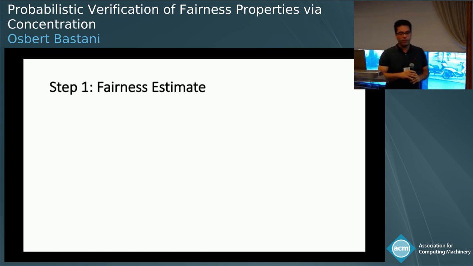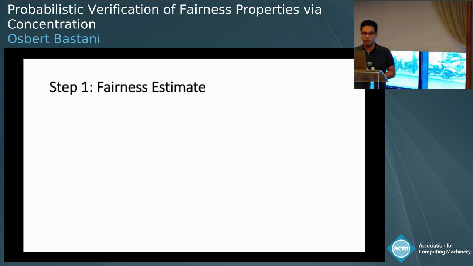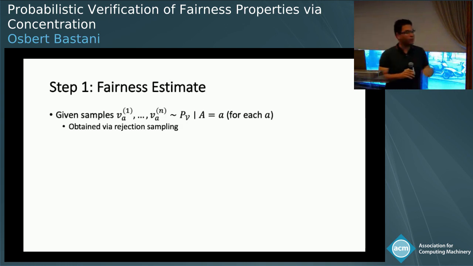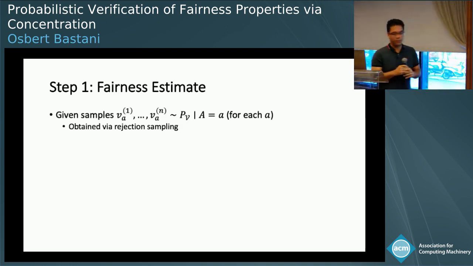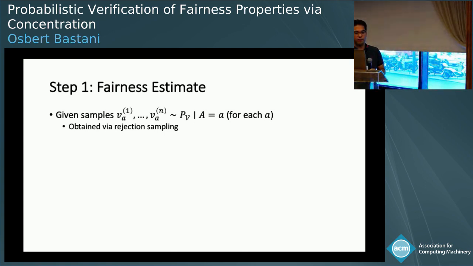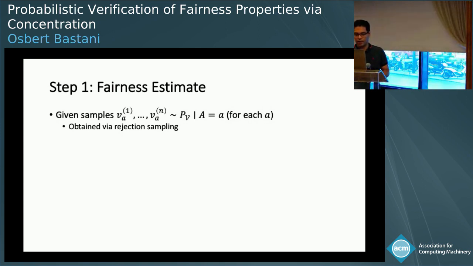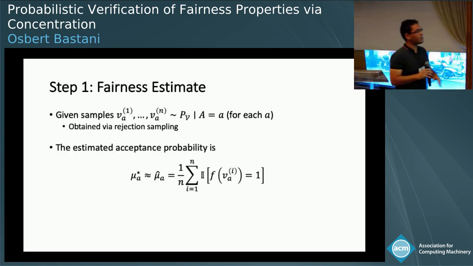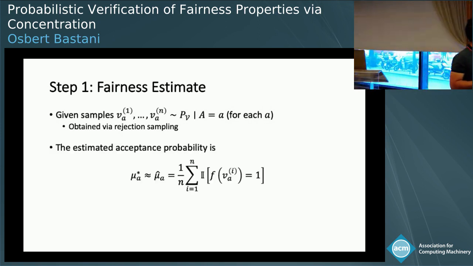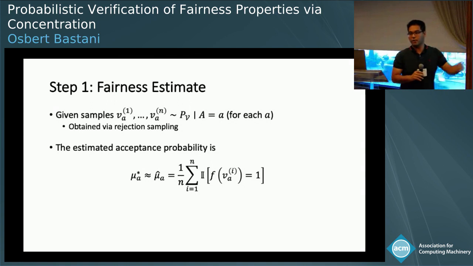Going into some more details on the first step: how do we estimate the fairness parameter? How do we estimate whether or not the model satisfies fairness? The basic idea is that given our N samples, we're just going to estimate mu A star using mu A hat, which is just the empirical frequency with which the members in our samples are given positive outcomes.